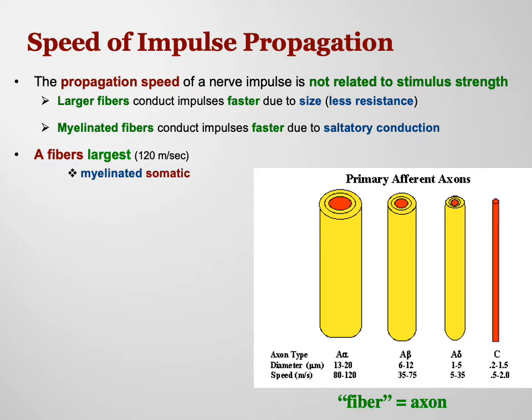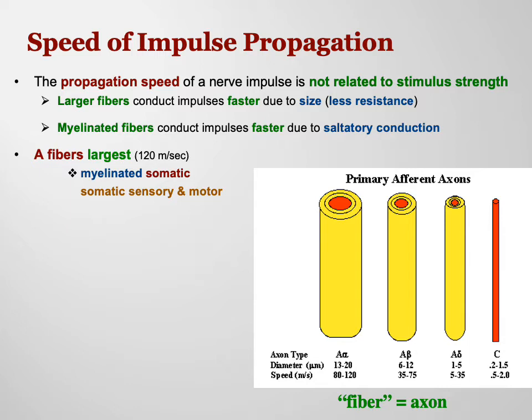So which fibers are this? These are myelinated somatic. So remember the somatic nervous system? So these are somatic, sensory, and motor. So remember, somatic sensory are your skin senses. Somatic motor are your skeletal muscles. And doesn't it make sense here that the fastest axons in your body would be going from your skin senses, coming to the central nervous system, and then going from the CNS out to your skeletal muscles?